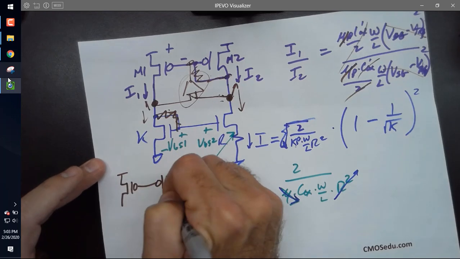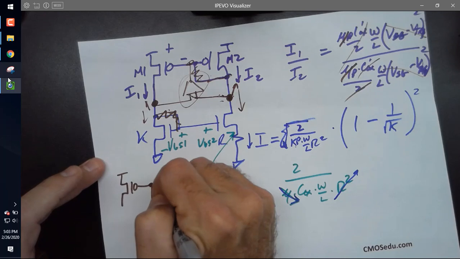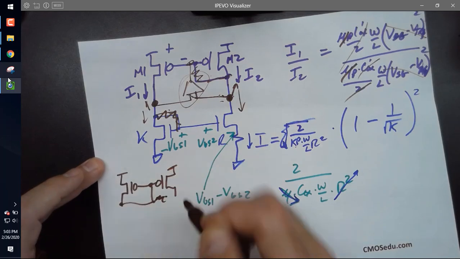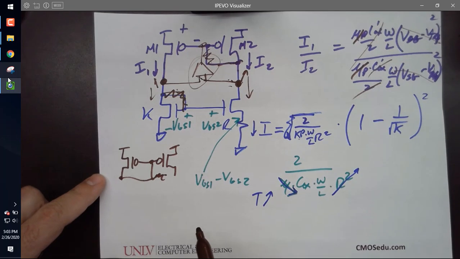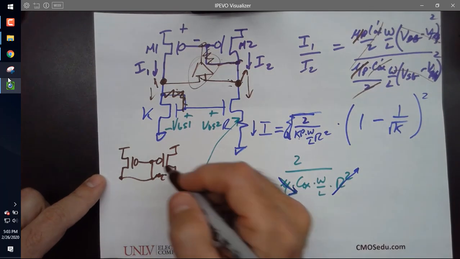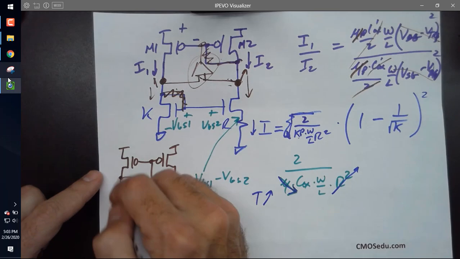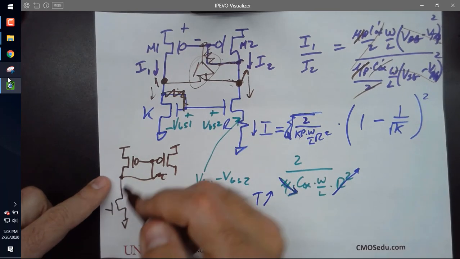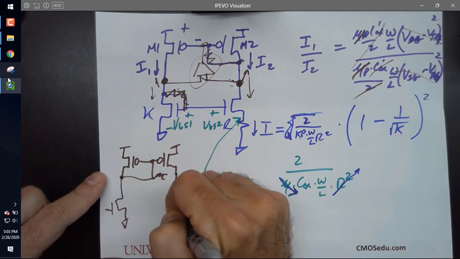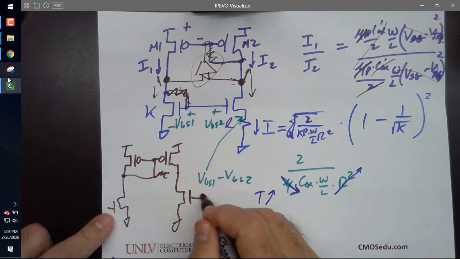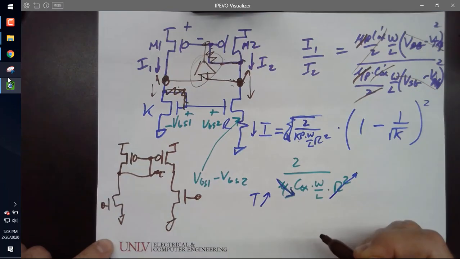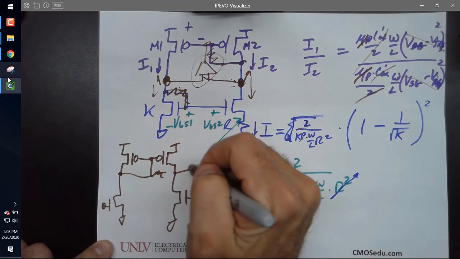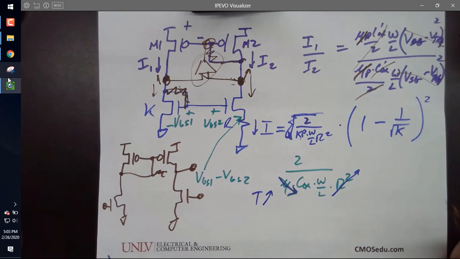This is going to be my amplifier. Let's go this way. So what did I just draw? Current mirror. Then I'm going to come down here, and take this point and make them this point and this point. Then I'm going to take this as my output and connect it here.